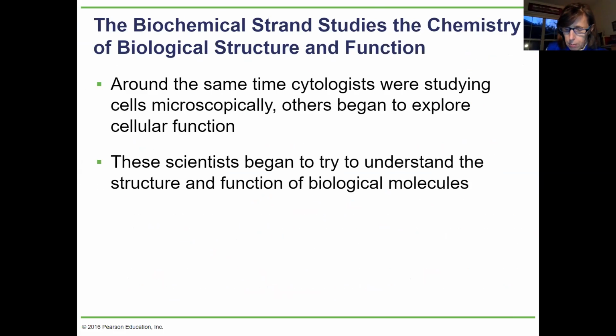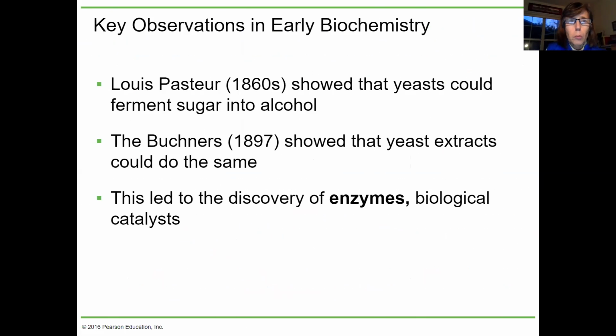Okay, so we've talked about cytology. Now let's take a look at biochemistry and how it fits into cell biology. Biochemistry includes all of metabolism, and all of the early findings of metabolism come under this umbrella of early biochemistry.